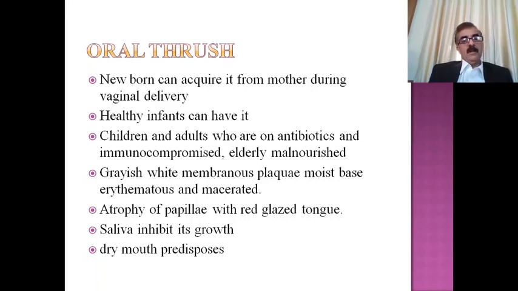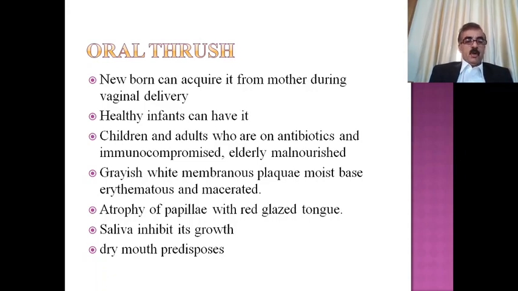And healthy infants can also have oral candidiasis or oral thrush. Then when we talk about older children and adults who are on broad spectrum antibiotics for longer duration, or they are immunocompromised, or elderly, or malnourished, then they are predisposed to candidal infection.